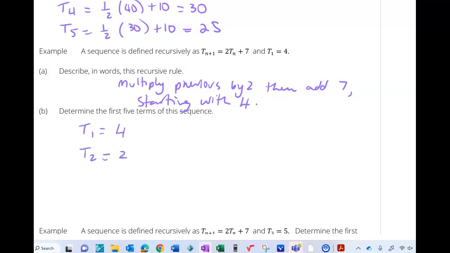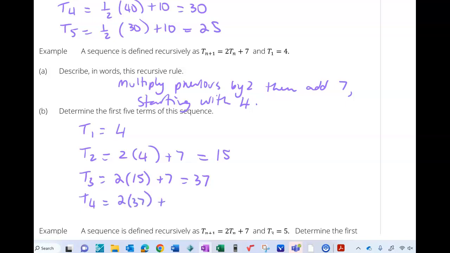So you might like to write that out. I always find if it's not a direct adding or subtraction, it is helpful just to write out your working there. So 2 times the previous term, which is 4. 2 times 4 is 8. 8 plus 7 is 15. You've got 2 times 15 plus 7, 37. 2 times 37 plus 7, I think that's 81.